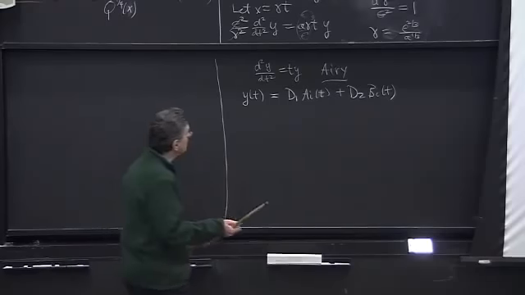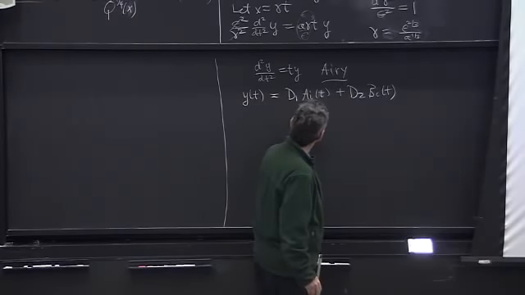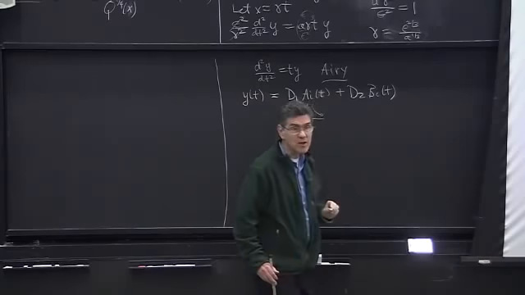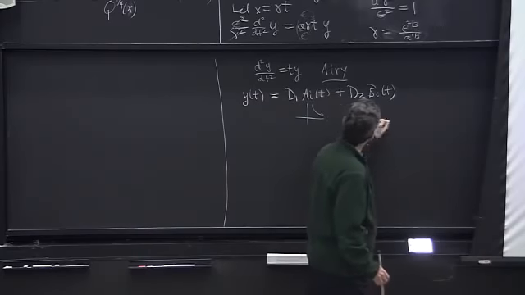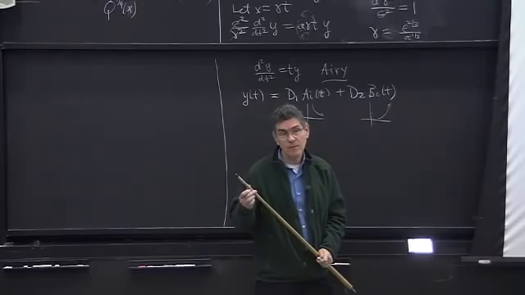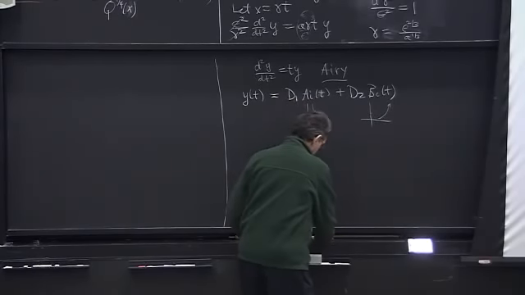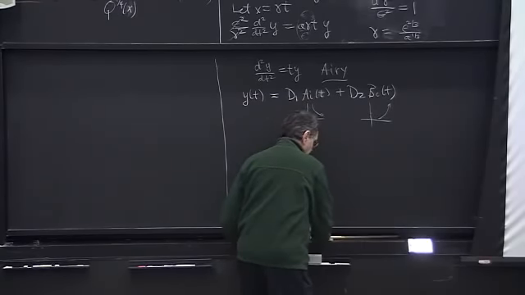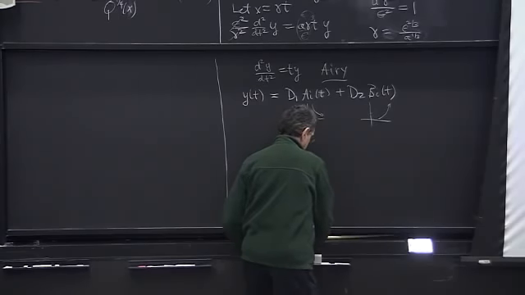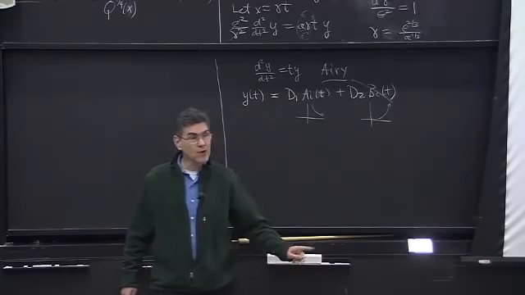Now we know that the Airy function for large positive t is decaying exponentially, and that the Berry function is blowing up exponentially. And therefore, this does not contain any Berry function, only an Airy function.